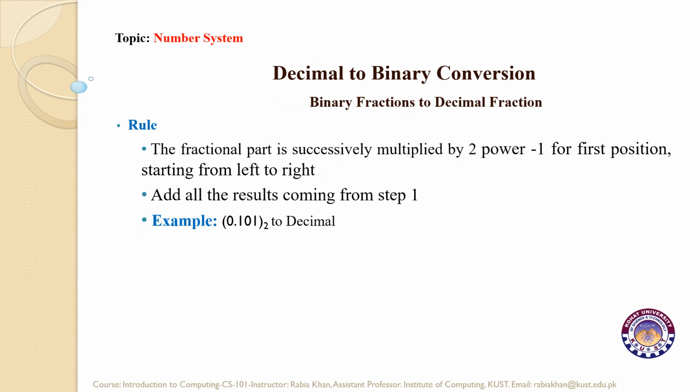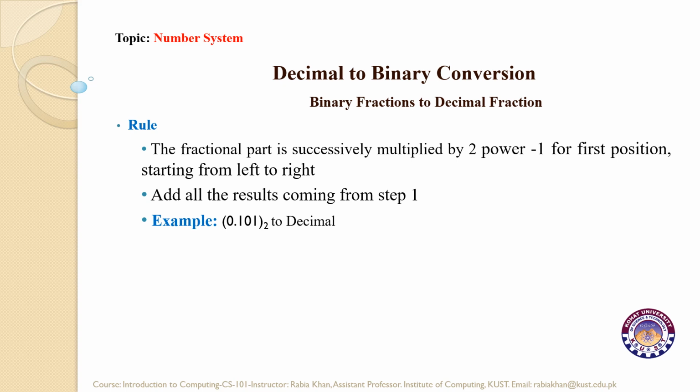Now let's move on. How do we convert binary fractions to decimal fractions? This is the rule in front of you for the conversion of binary fractions to decimal fractions.